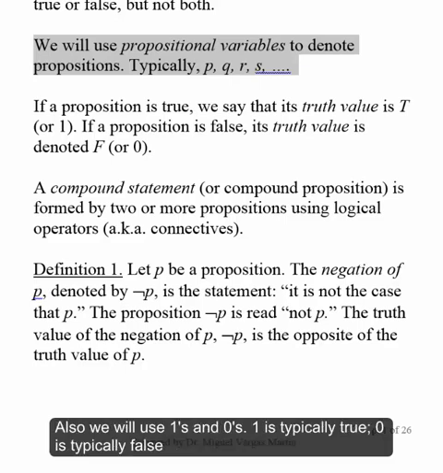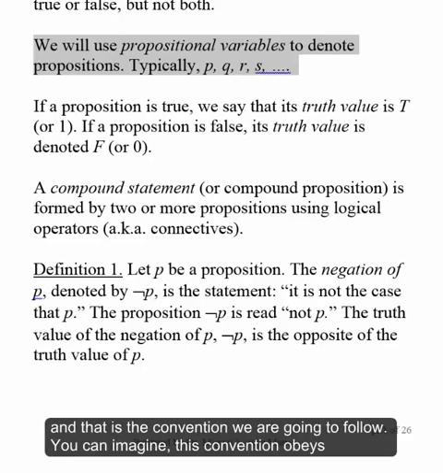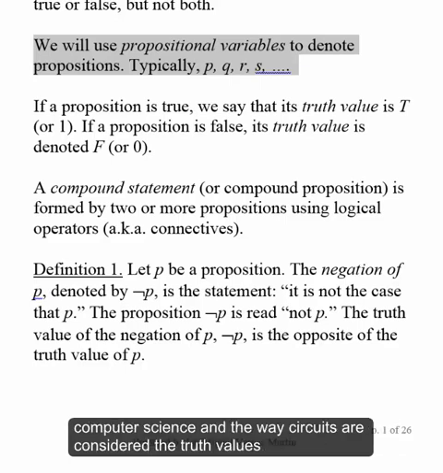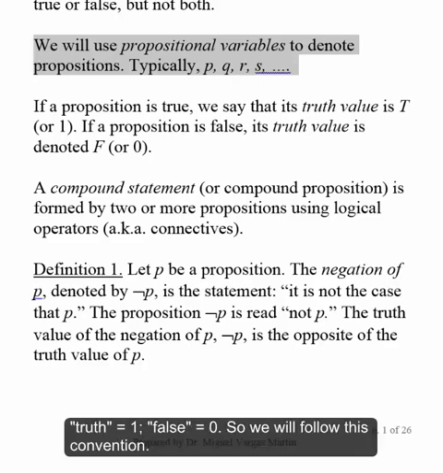Also, we use ones and zeros. 1 is typically true, 0 is typically false, and that's the convention we're going to follow. You can imagine this convention comes from computer science and the way circuits consider the truth values, true for 1 and false for 0. So we'll follow this convention.